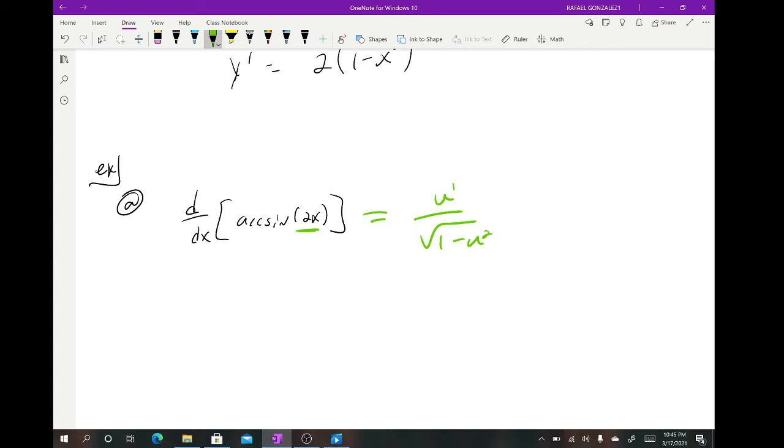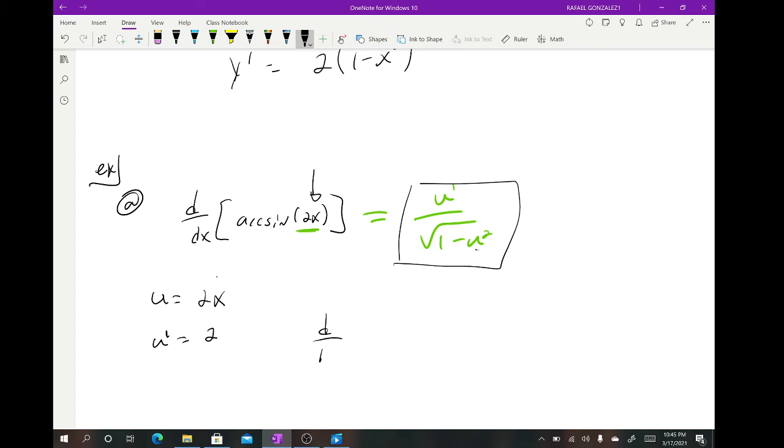We just did this problem, so it's the same formula. We have a formula for these problems. I just need to find out what u is. U is this inside expression, which is 2x. So we have to find now the derivative of u, which is u prime. The derivative of 2x is simply 2.